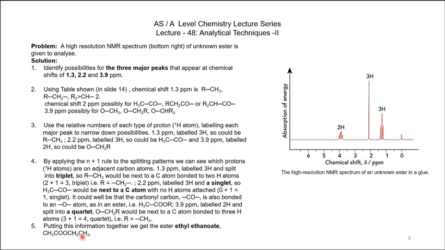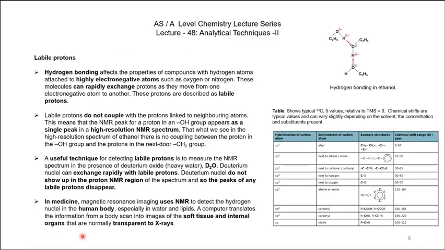Okay, we go for the next slide, and here we are talking about labile protons. We do observe hydrogen bonding in organic compounds in many cases because of highly electronegative oxygen or nitrogen bonded.